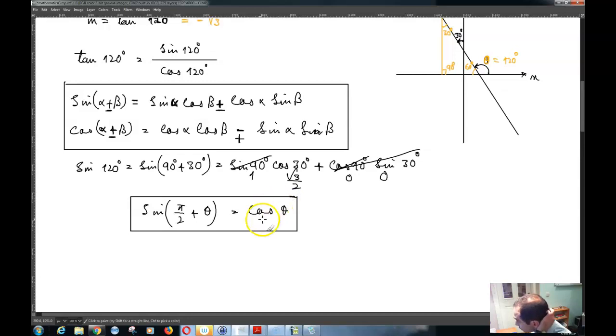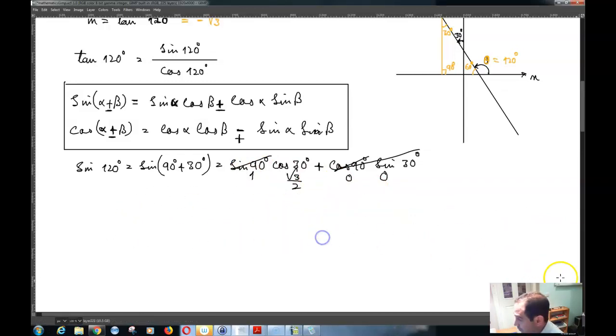So this is the formula that we got here. So based on this, sine of 120 degrees is equal to square root of 3 by 2.